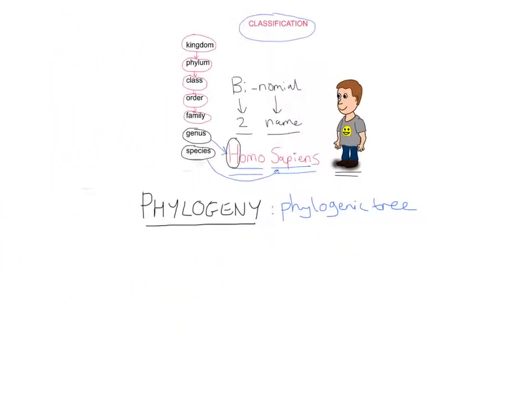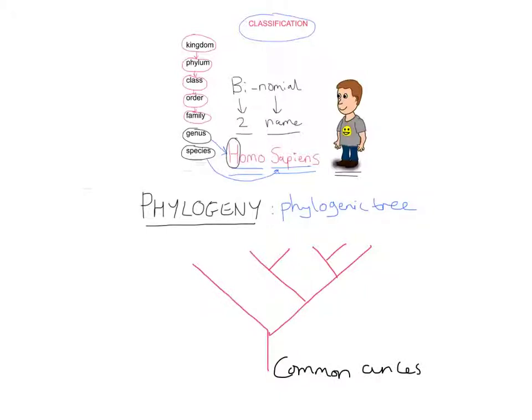How it works. For the sake of argument, we're just going to draw a very quick sketch of a phylogenic tree. We'll just put in a few names. Down at the bottom here, let's say we have a common ancestor. Then over here we have turtles, lizards.